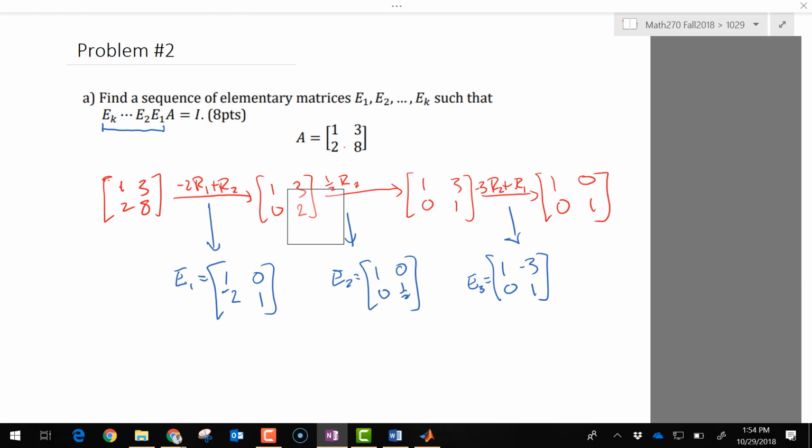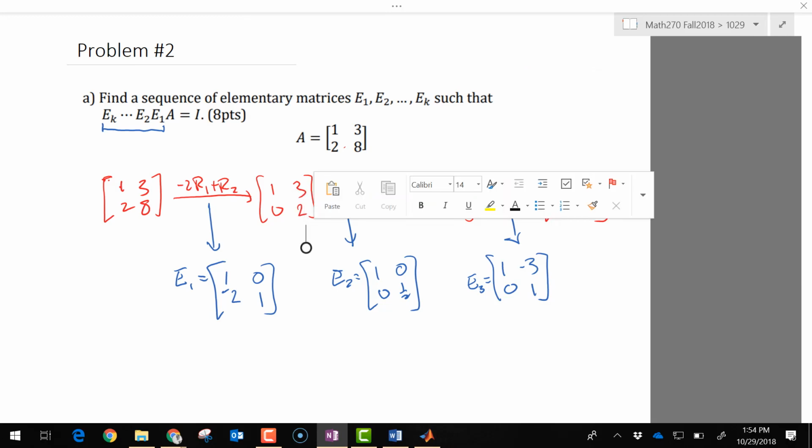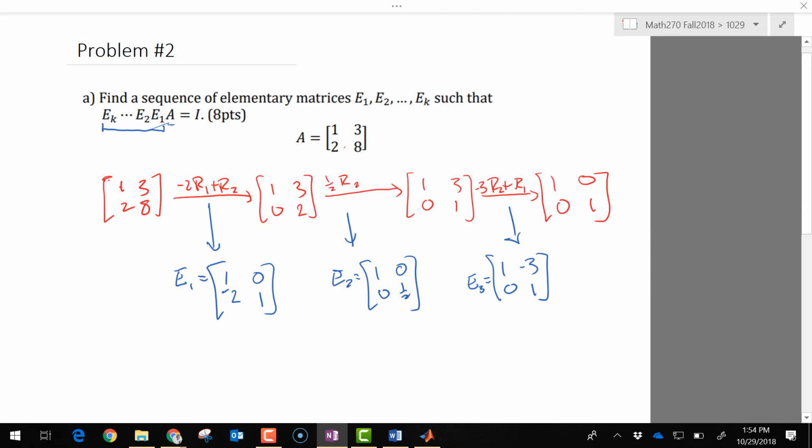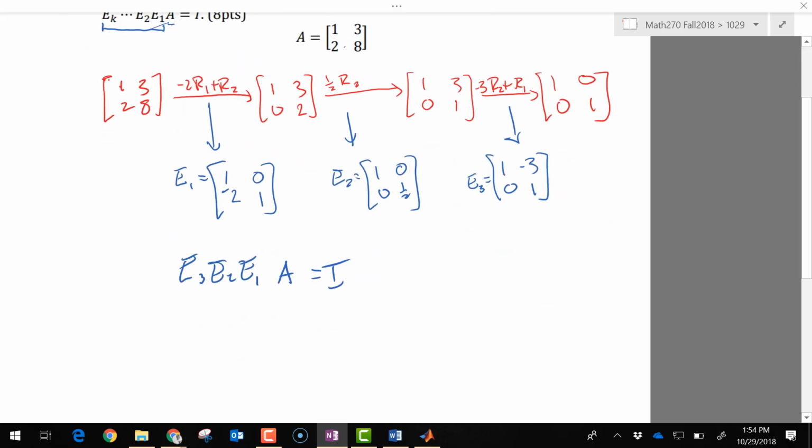If you multiply this in this order, E3, E2, E1 times A is equal to I, then that means the product of this must be A inverse because that's equal to I, right? So if you were to multiply this in the order E3 times E2 times E1, then you would get the matrix. And you could do this by hand, I think, quick enough.